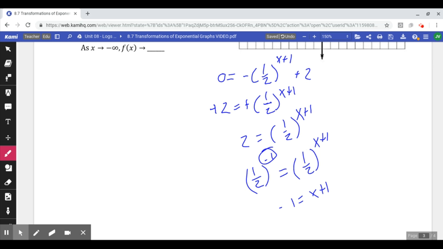So if we subtract 1 from each side, we find x to be -2. Another way of doing this would be to change the 1/2 into 2 to the -1, which is at this step right here. And then you could distribute the -1 across the x plus 1 and set the exponents equal. That, of course, would be 2 to the first on the left-hand side.